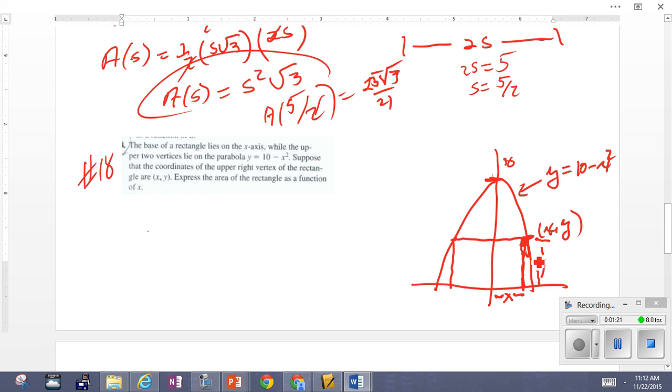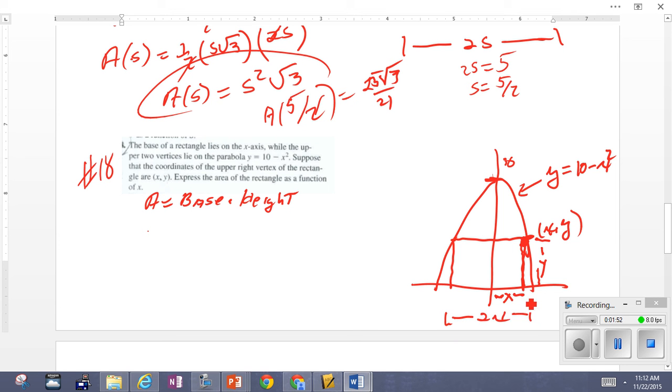Alright, now what we're trying to do is express the area of the rectangle. Of course, area of a rectangle is base times height. In our case, the height we certainly can call y, but I think we'll need to call the base 2x.